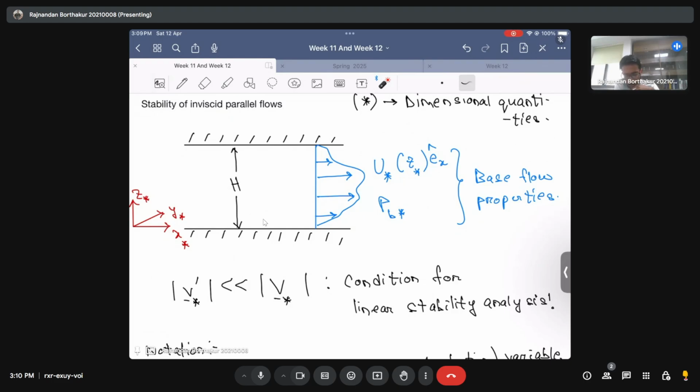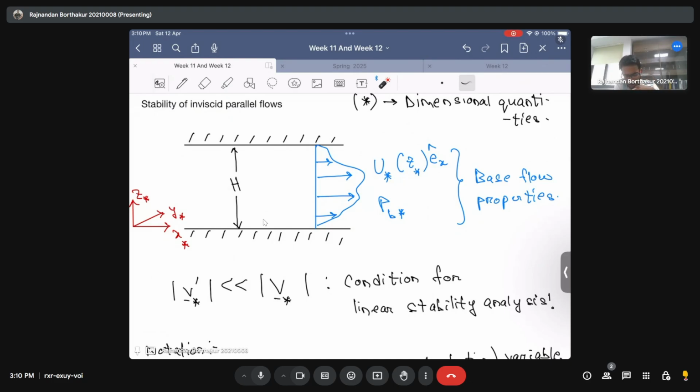Given that, the question that we try to answer is: if we add some perturbations into this base flow, will the perturbations grow with time or decay with time, or is there something known as marginally stable, that is, perturbations which just remain, neither growing nor decaying? Sometimes these kinds of perturbations are called marginally stable perturbations. But yes, the question that we seek to answer is what will happen to these perturbations if they are added to this base flow.